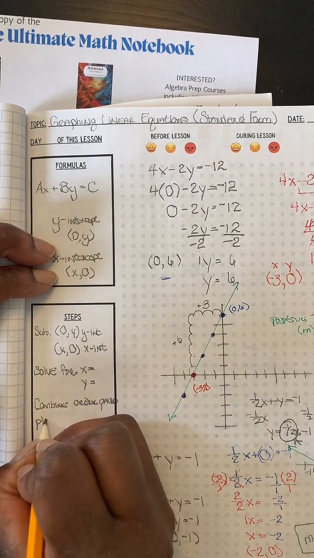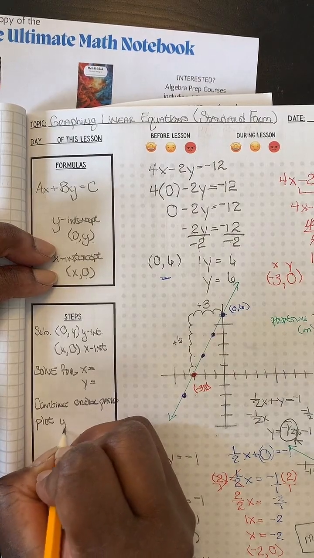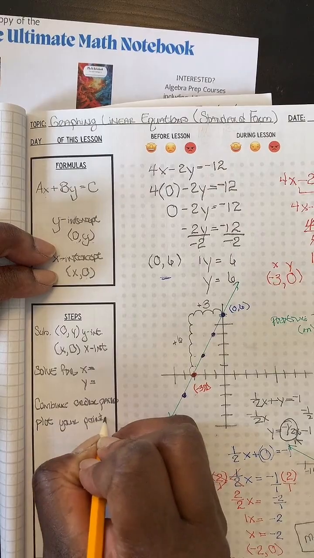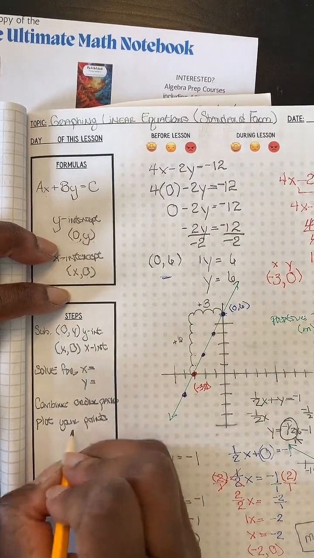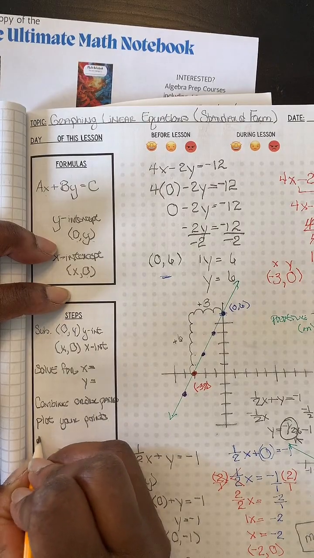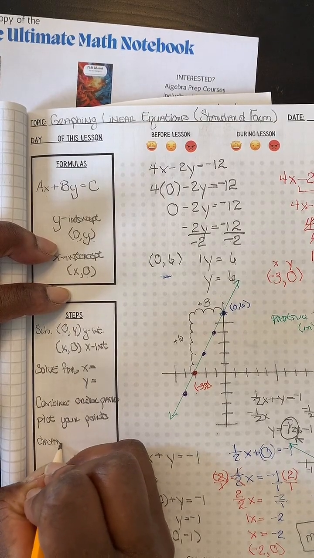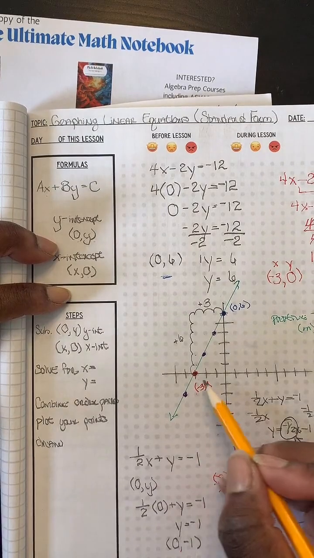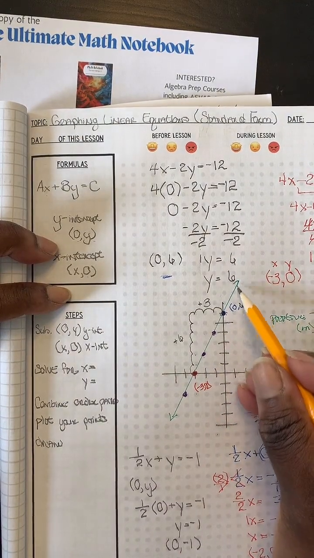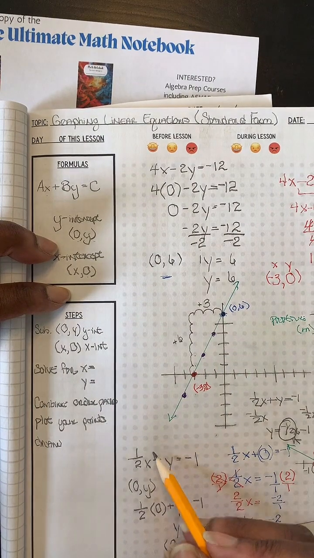Then you're going to plot your points. After you plot your points, you can draw your line because we're graphing. Now, when you draw your line, don't just go from point to point. That's a segment. When you want a line, you want the full effect, okay?